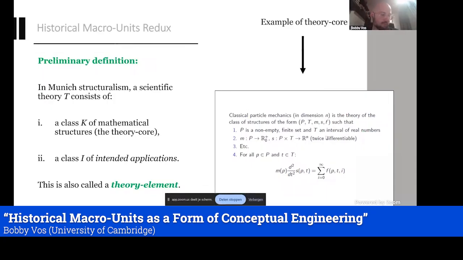Here you have an example of how this would look for classical particle mechanics. This is just to illustrate what this definition might look like on its own.